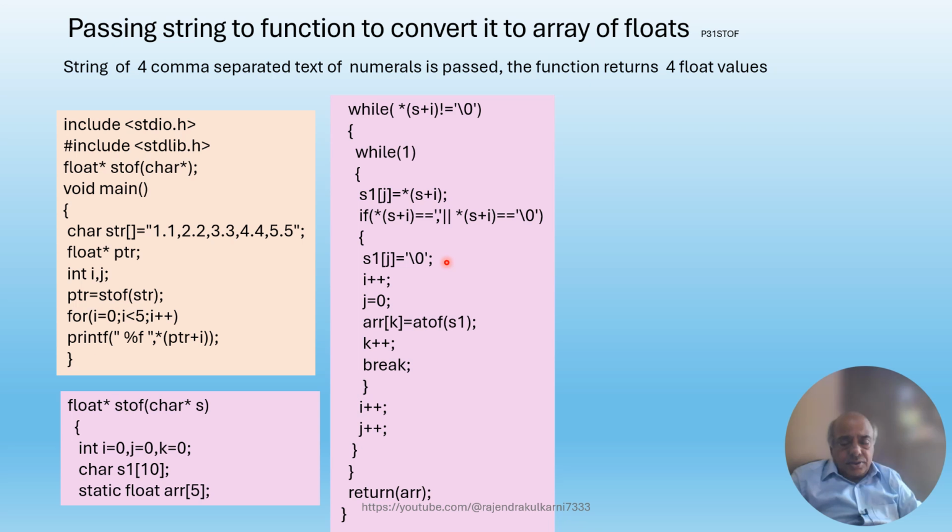Now in this iteration, s1 will contain 2.2 and \0 as the terminating character. That 2.2\0 is converted again into the equivalent float value 2.2 and assigned to the next element of the array arr.